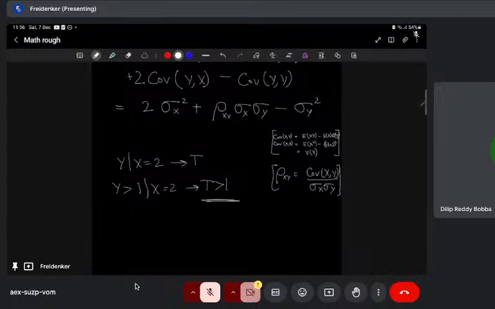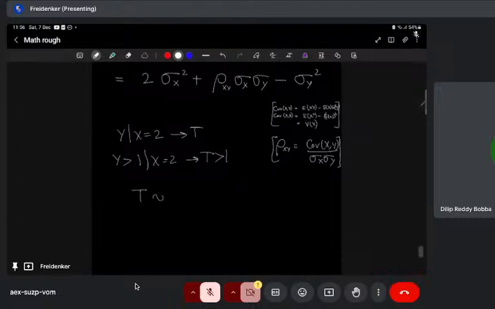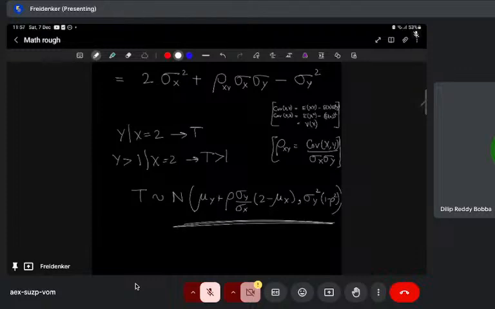I know that my t will now follow a normal distribution with mean mu y plus rho sigma y by sigma x into 2 minus mu x, and the variance will be sigma y square into 1 minus rho square. So this is your new normal distribution. Now you can solve it. You know what is mean, you know what is variance. You just have to find the probability of t greater than 1. That's it.